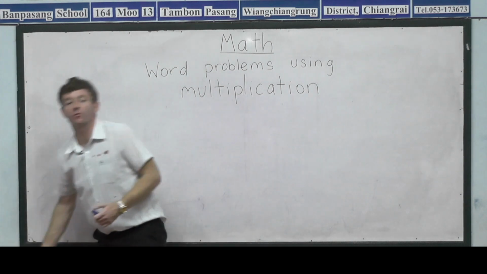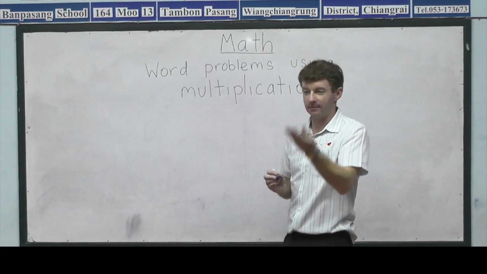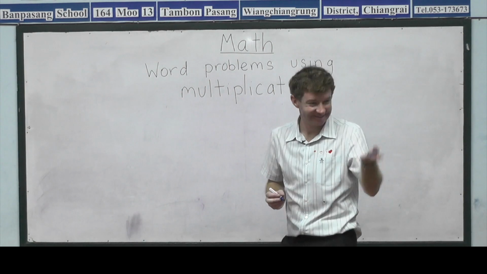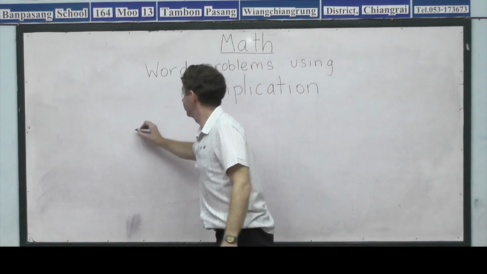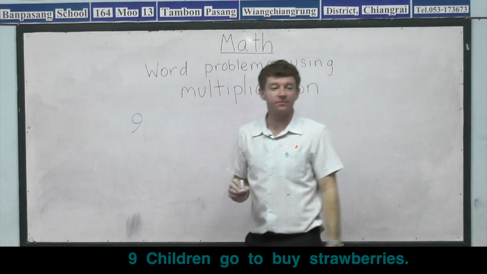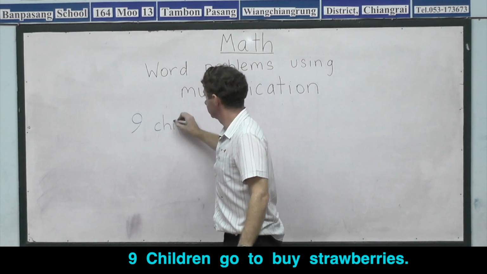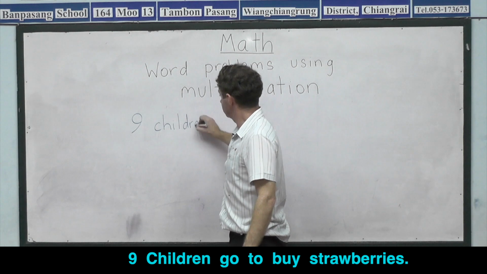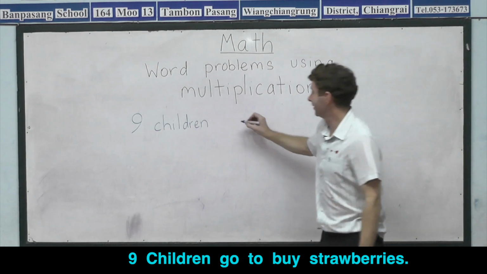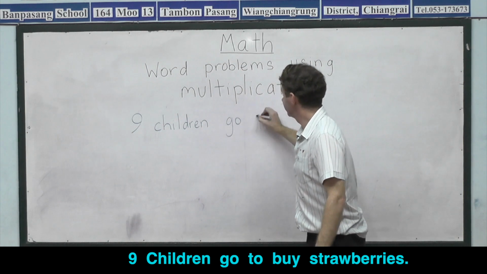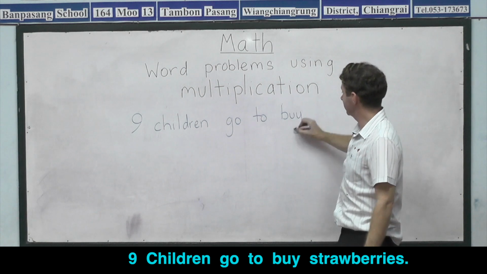Let's see, what shall we do this time? Somebody give me a number. 3. Higher. 2. Higher. 6. 9. 9 children. 9 children go to buy.